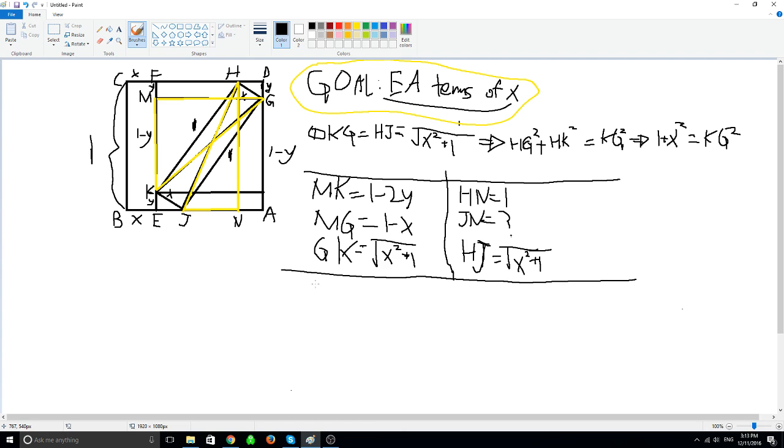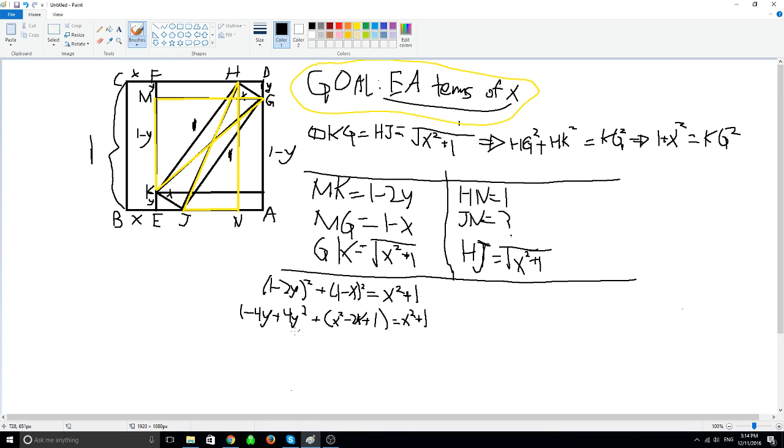So now, by the Pythagorean theorem, we have (1 minus 2y) squared plus (1 minus x) squared equals x squared plus 1. Note that this thing squared will easily cancel out with x squared plus 1, which is very helpful, and you have to kind of foresee that. Expanding these terms, we get this.